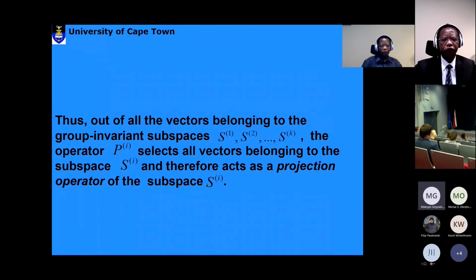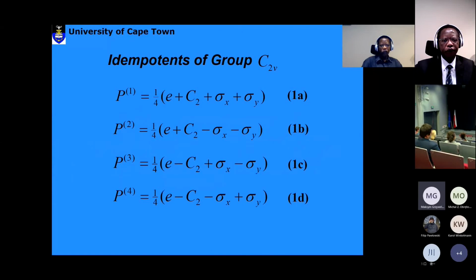For example, idempotents of groups C2V and C3V, which describe the symmetry of a rectangle and an equilateral triangle respectively, are as follows. So for group C2V, we've got 4 idempotents, P1, P2, P3, P4, which you may think of as operators for the subspaces of symmetry-symmetry, symmetry-antisymmetry, antisymmetry-symmetry, and antisymmetry-antisymmetry.